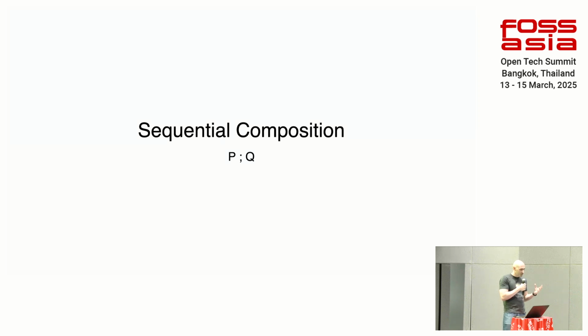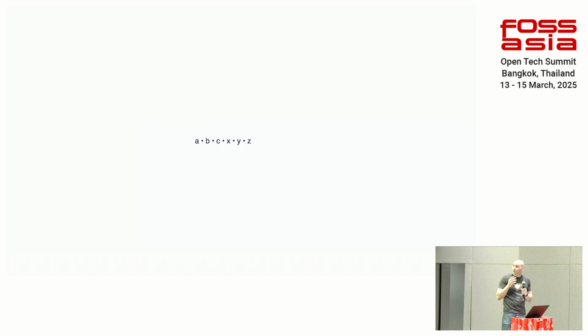A sequential system executes one step at a time in a predetermined sequence. So the sequential composition of P and Q leads to one possible execution. There is simply no room for any alternatives.